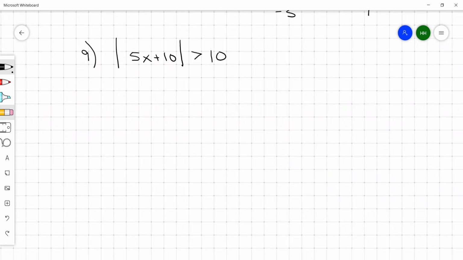So you rewrite the equation the same way that it is, and you drop the absolute value. So we got 5x plus 10 greater than 10. And then you rewrite it the second time as 5x plus 10. Now you change the direction of the inequality, and you negate the 10. So you make it negative 10.